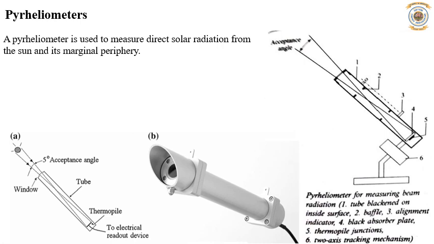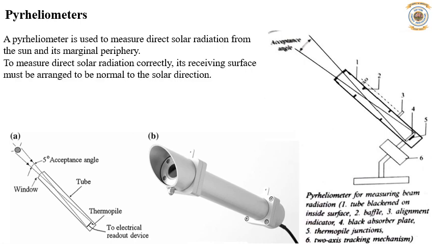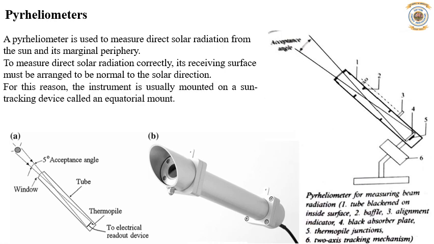So the pyrheliometer is used to measure the direct solar radiation from the sun and its marginal periphery. To measure the direct solar radiation correctly, the receiving surface must be arranged to be normal to the direction of the sun. For this reason the instrument is usually mounted on a sun tracking device called an equatorial mount.